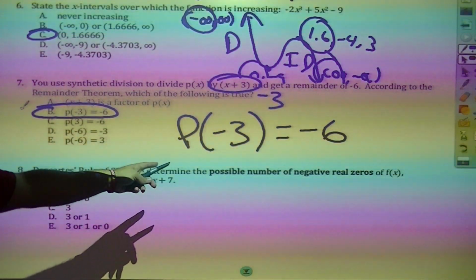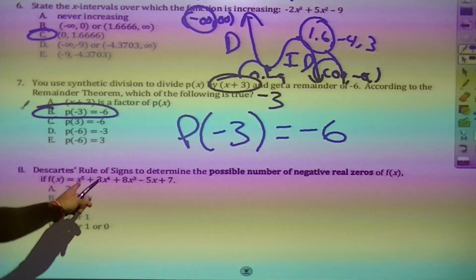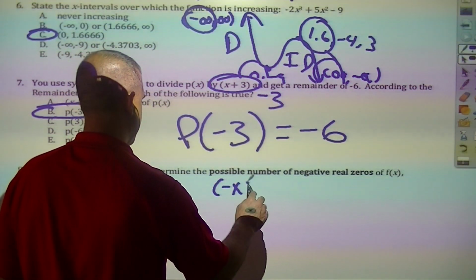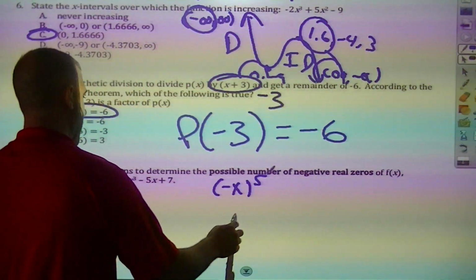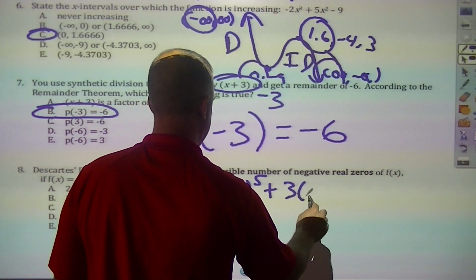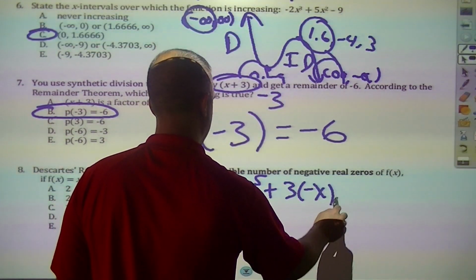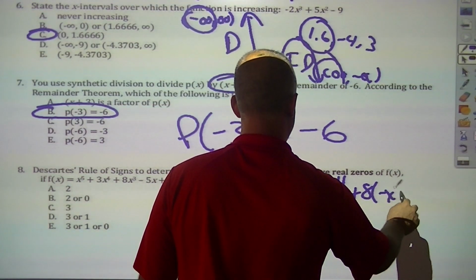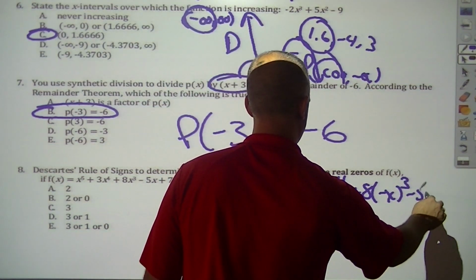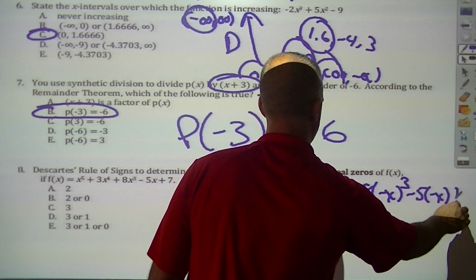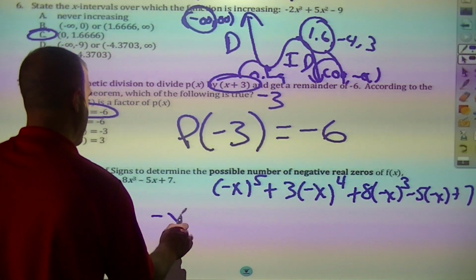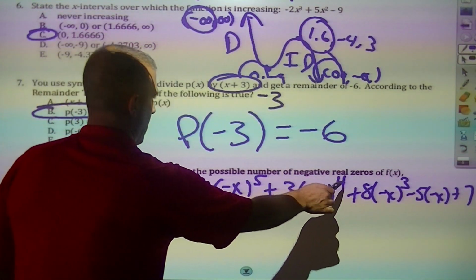Descartes' rule assigns positive and negative zeros. The way we do the negative ones is we substitute a negative in for x. It's like the odd test. So this will change this sign, so now it will be negative x to the 5th.